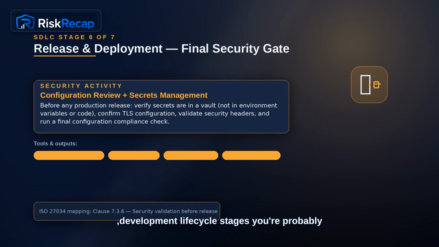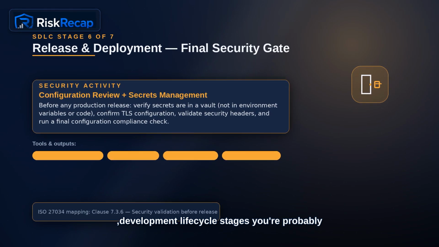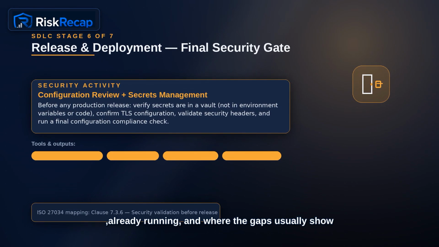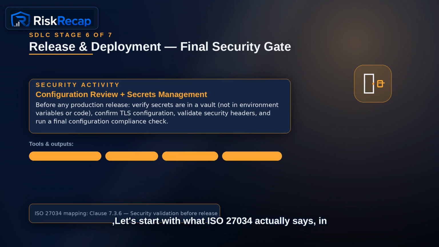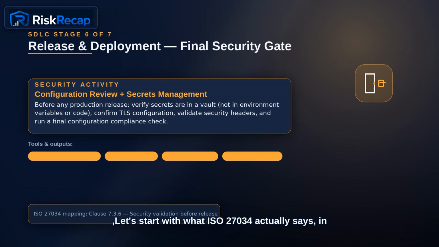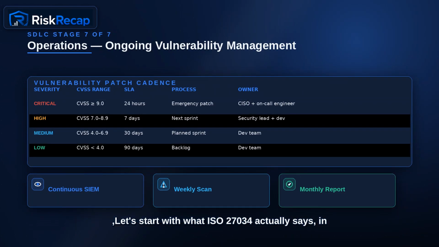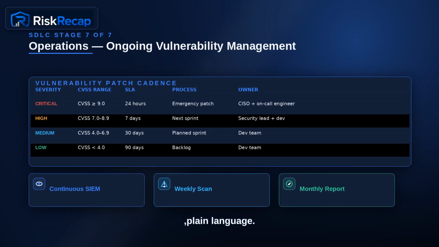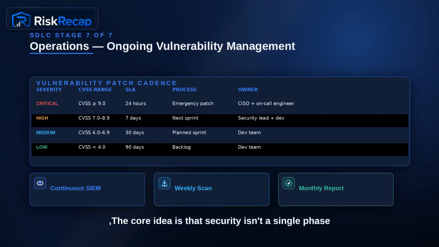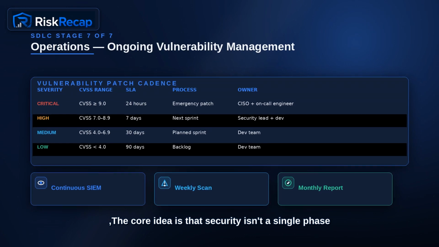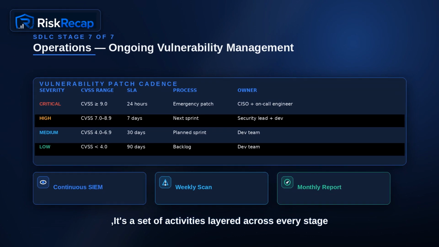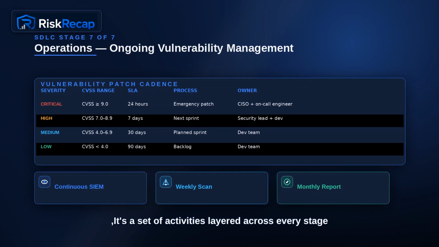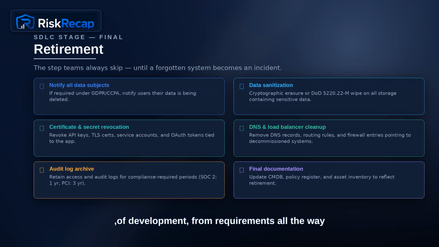During release and deployment, you want a final security review, configuration checks, and verification that secrets management is properly set up. During operations and maintenance, the work becomes ongoing vulnerability management, periodic rescanning, and maintaining a steady patch cadence.